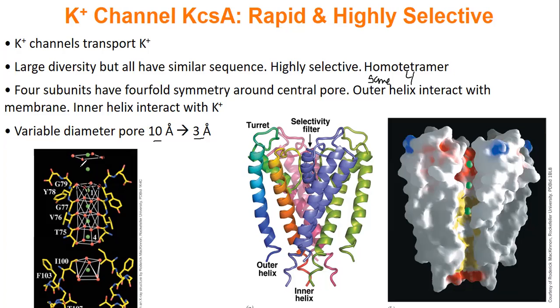If another positive ion tried to go through this pore, since no other ion has the same atomic size as potassium, they won't be able to go through. They'll be too small to interact with the oxygens properly, or too big to physically fit through that pore, right? But potassium is the right size to interact with all the oxygens in this pore.